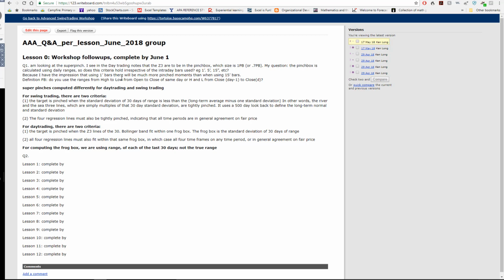So a super pinch is defined, the concept is the same for both time periods, but because of the difference between intraday prices and swing prices, they are computed a little differently. They have evolved a little differently.